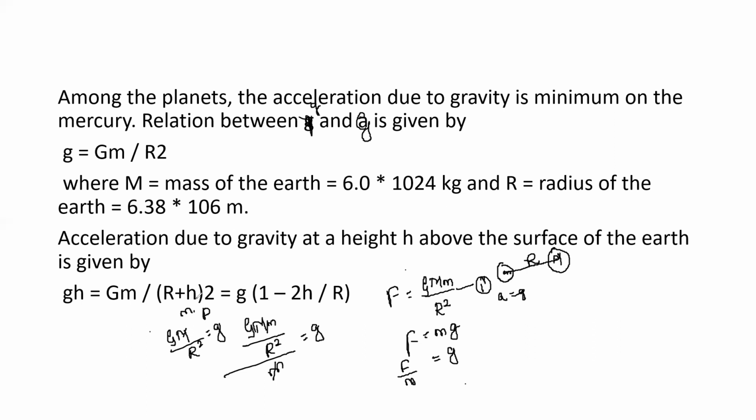Next, the radius of the earth is 6.38 into 10 raised to 6 meter. Therefore, acceleration due to gravity at a height h above the surface of the earth is given by. What they have calculated in the theory part, you people have studied this, so here the direct expression is there.